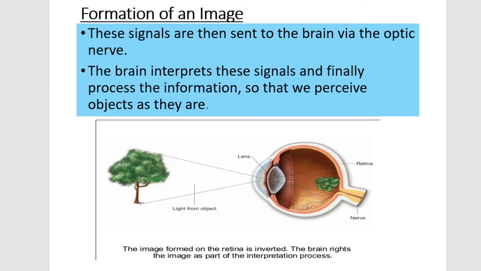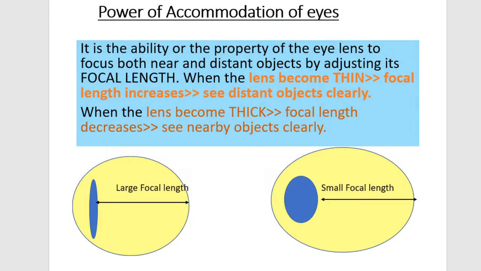Now, the next thing that we are going to talk about is the power of accommodation of the eyes. What is this power that we are talking about? We all know that our eyes have the ability to change the shape of the lens, as we discussed earlier in the case of the ciliary muscles.